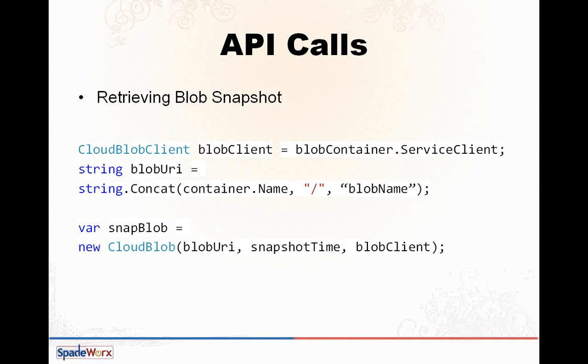The URI would contain the container name concatenated with the blob name, and the blob client would contain the service client reference. The important factor here is the exact snapshot time, which would return the snapshot or the version of the blob that was added to the container.